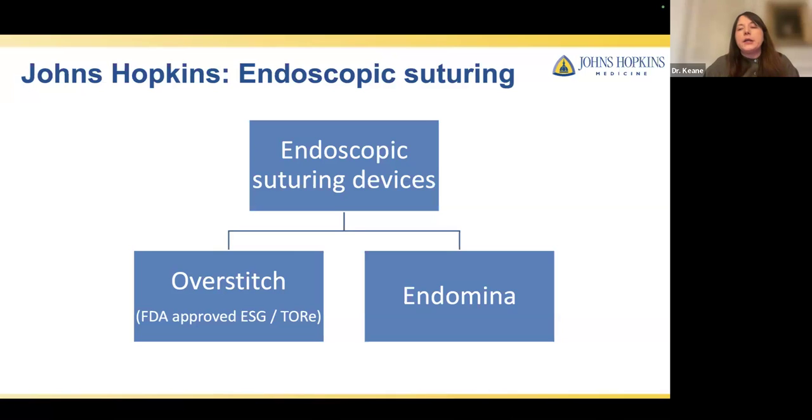There's also the newer device, the Endomina device, which has just come to be available in the US. And early studies from Europe show that it's equally efficacious. And our hunch is that maybe some of these sutures might last longer, but we have to wait and see. And we also have this device available at Hopkins.